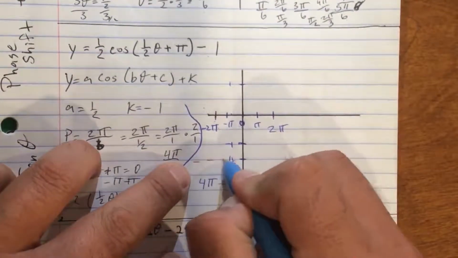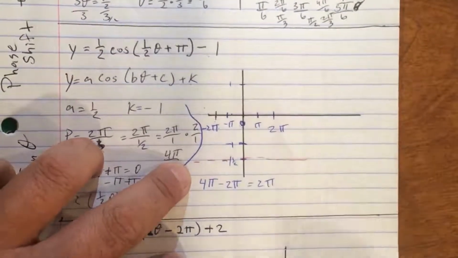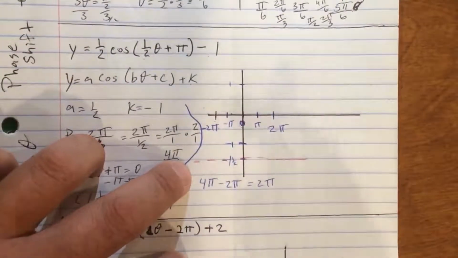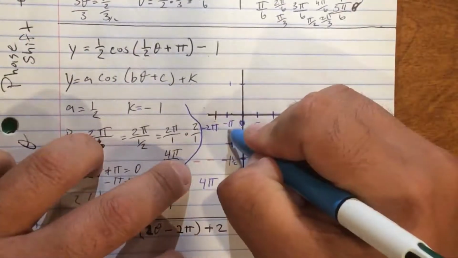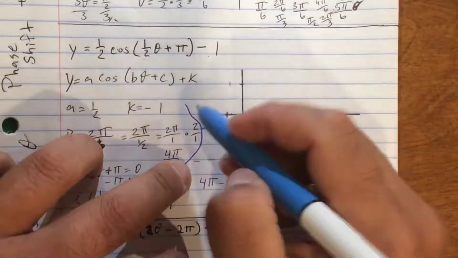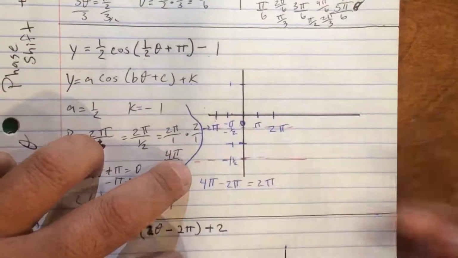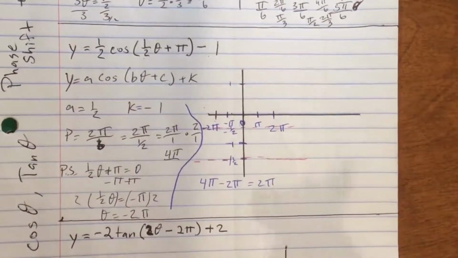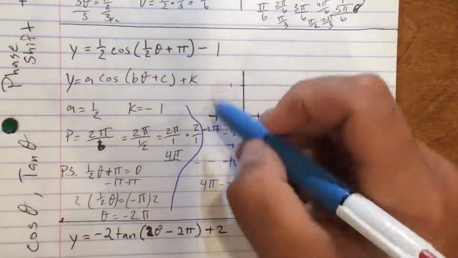So go ahead and do our thing there. And then this is going to be our 1/2 negative, which is going to be the other asymptote that we're going to graph from. And once again, we're graphing cosine. So cosine starts up here and it's positive.